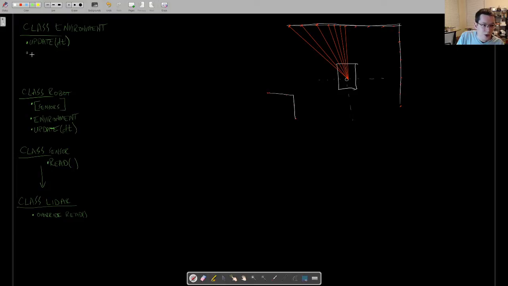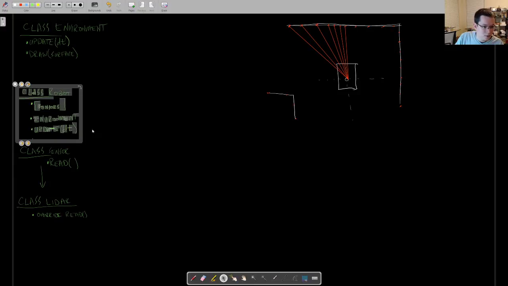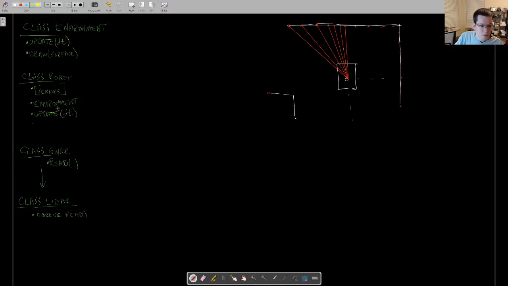This guy will have a draw function, and it will take a surface. And I don't know if those will take a draw function or have a draw function yet, but we'll see.